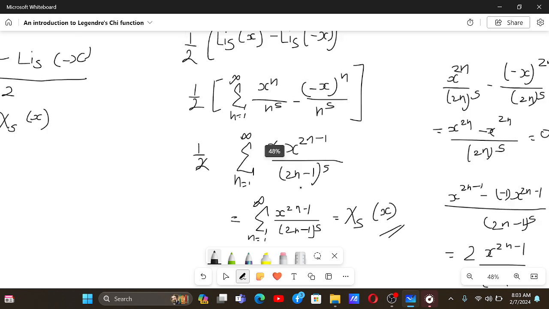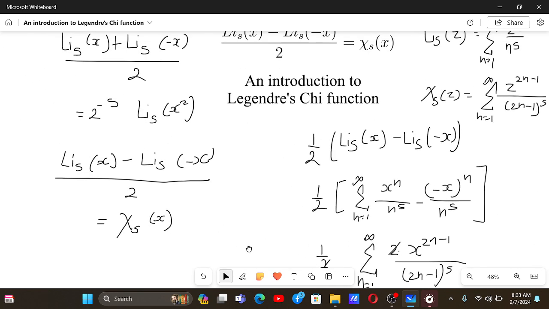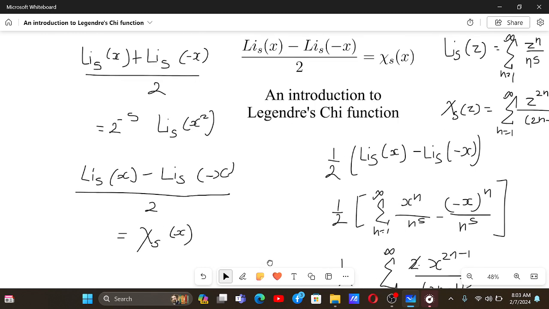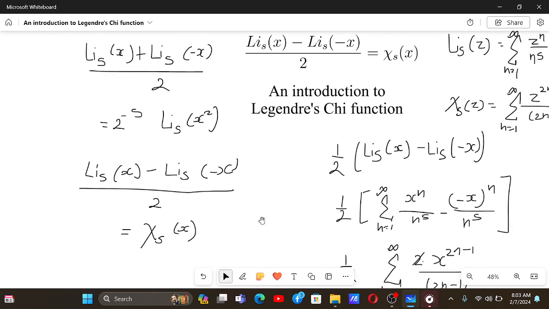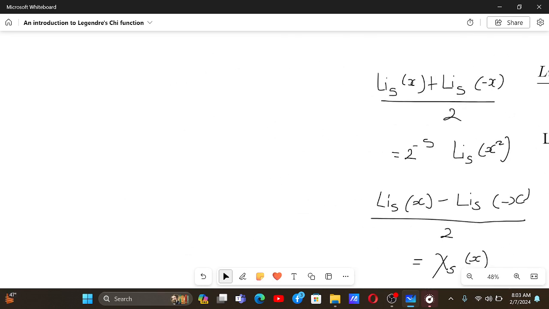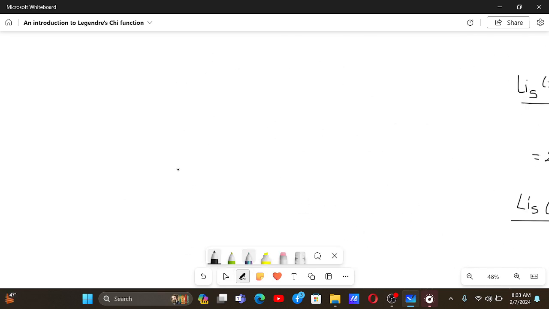Now after we have derived this expression, let us go into an integral that involves Legendre's chi function. Let's solve this integral: the integral from 0 to alpha, the integral from 0 to beta of 1 by 1 minus x squared y squared dx dy.